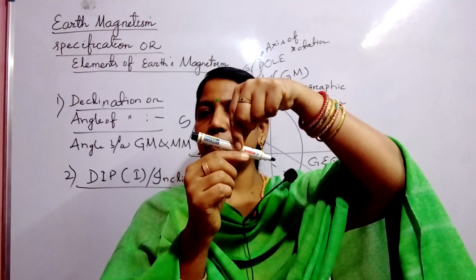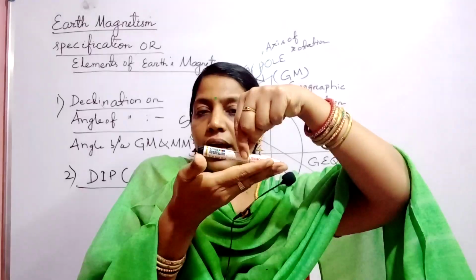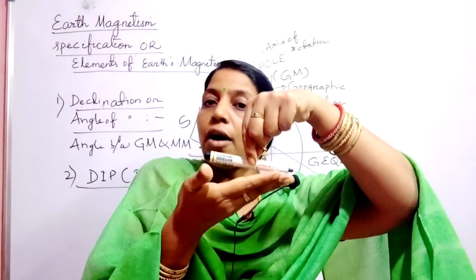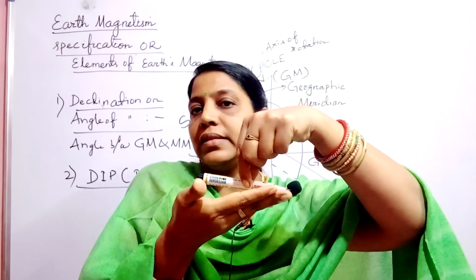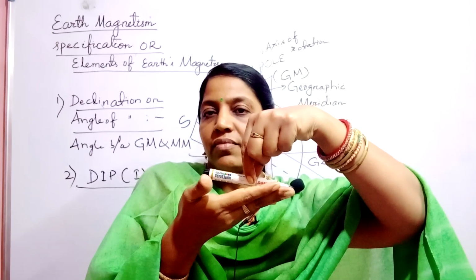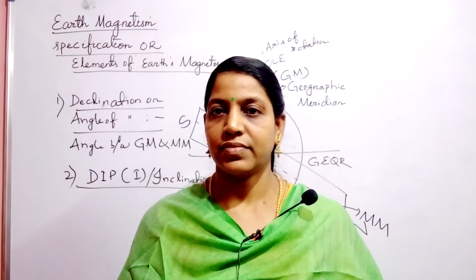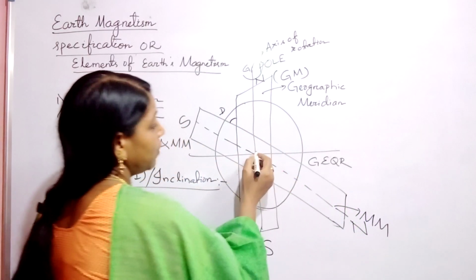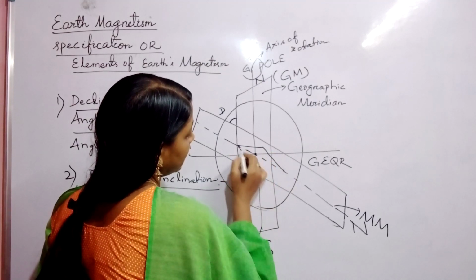When it is floating like this, you can see it is making some angle with the horizontal or not. So how much angle is made by a freely suspended magnetic needle? That angle is called angle of dip or inclination. Yes or no? Now for example, you are taking a magnetic needle. This is our center.